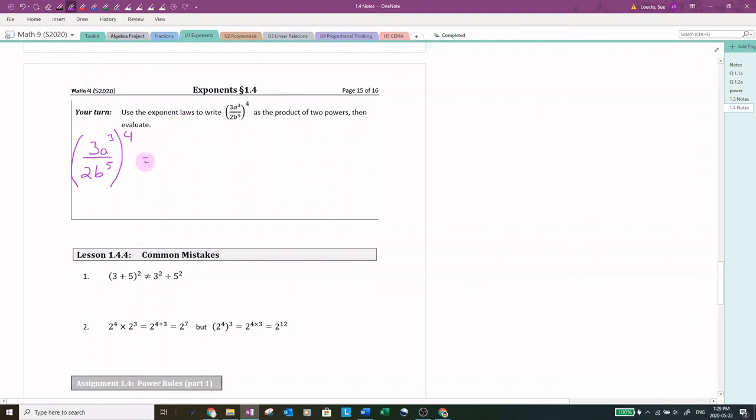So my exponent 4 applies to everything that's inside the brackets, right? So it becomes 3 to the 4 times a to the 3 times 4 over 2 to the 4 times b to the 5 times 4.